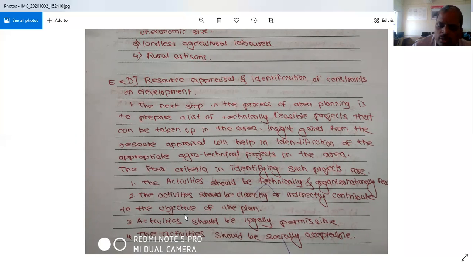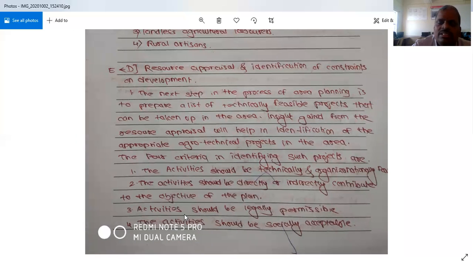That means we have to first prepare the things which we can easily implement. Insight gained from the resource appraisal will help to identify the appropriate agro-technical projects in the area. Once we are able to find out the type of soil, the people's interest, or, we can say, the cash crops, then very easily we can do this.